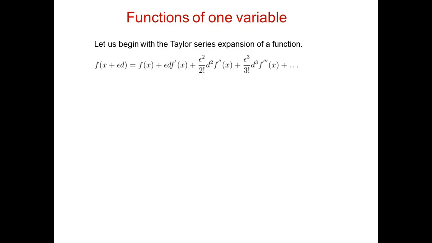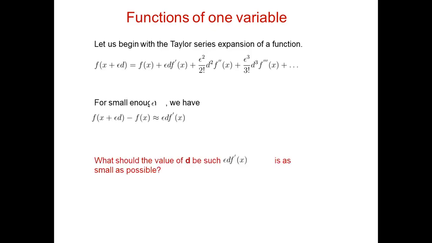So removing the tail of this series for small epsilon, we have f of x plus epsilon times a certain direction d, minus f of x, is approximately equal to epsilon times the derivative of the function, taking certain errors by removing those terms with derivative 2 and more.